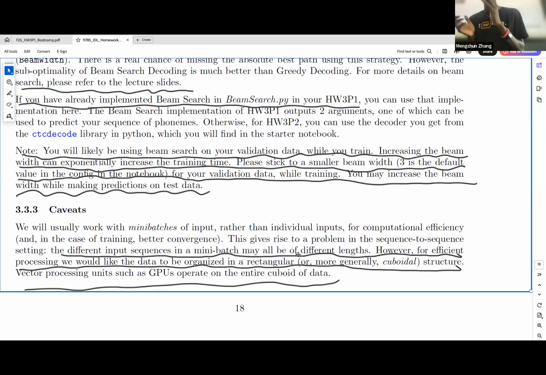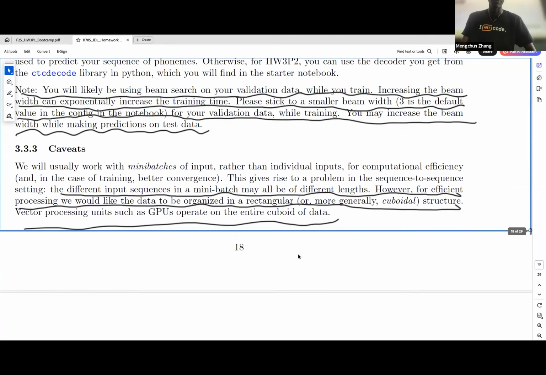In deep learning, the input is always of a fixed size. We are expecting an input of, let's say, 512, but then your hello is 200, and my hello is 100. So the input in that particular batch is not aligned. So what you normally do is you pad.